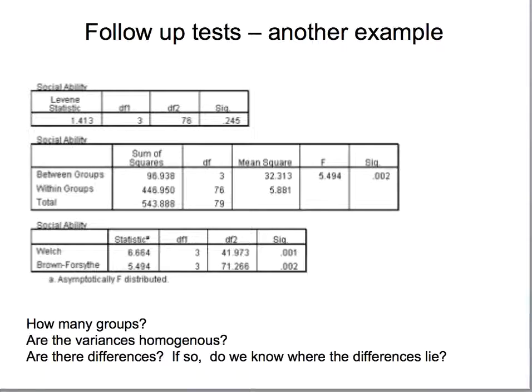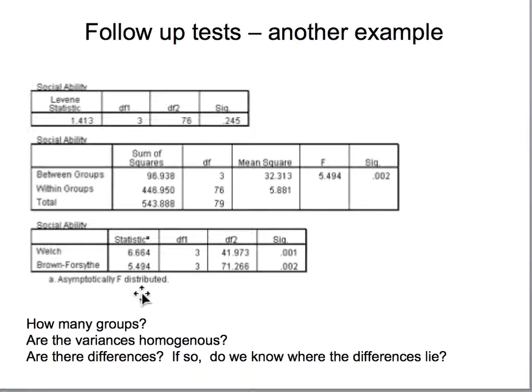Another example, I can look at this and start asking, well, what's going on here? How many groups do I have? Are there differences, and if so, who is different? In this case, I have some score of social ability, and I am comparing it between different school sizes, right?